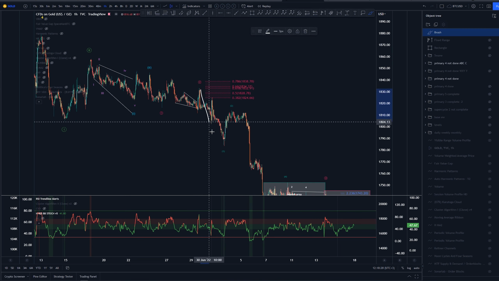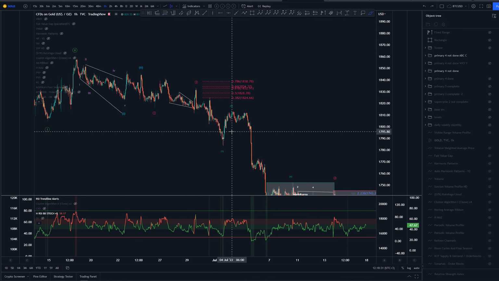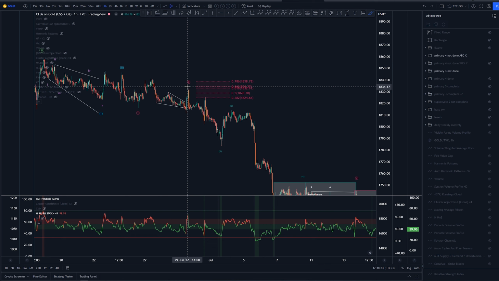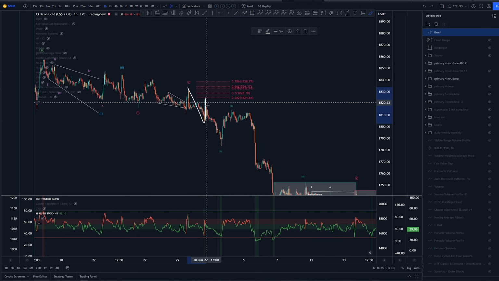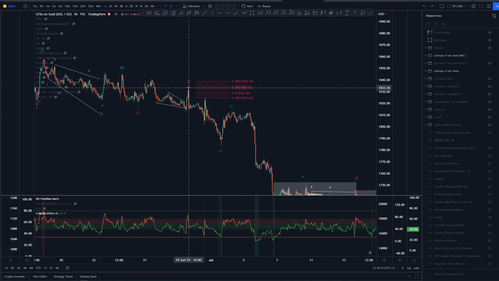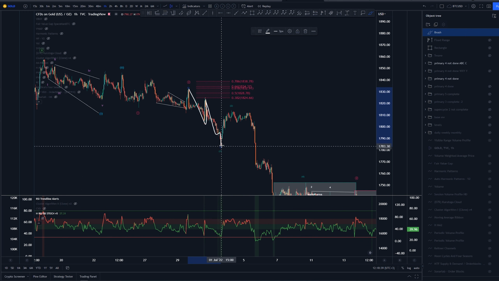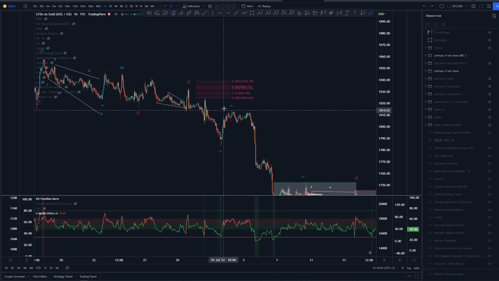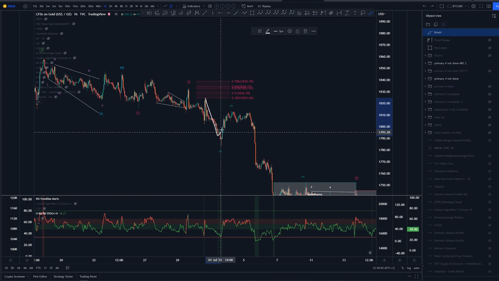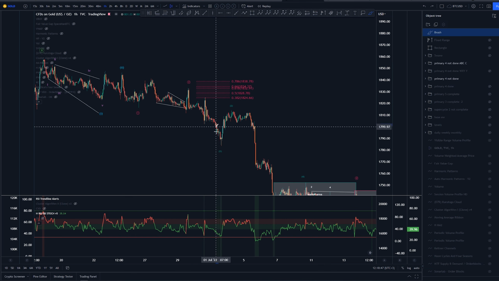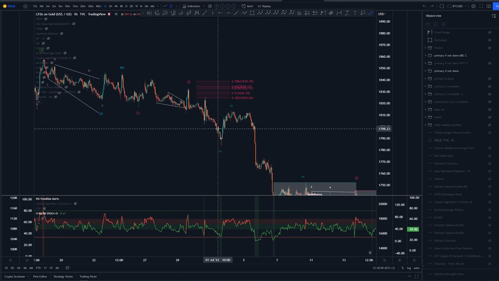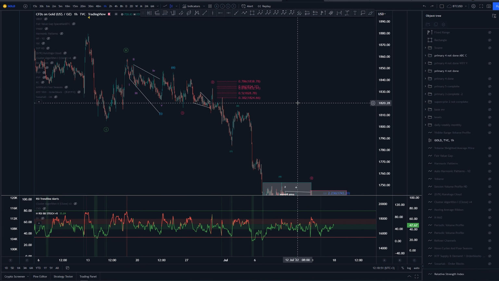This being wave 1 is the largest issue that I have here. Can't really have this as a 1, 2. Well, we have to have this as a 1, 2, 3, 4 and 5, but again, this structure here does not really look like it has some kind of 3, 4 in here of a larger degree. But yeah, that is definitely an issue.